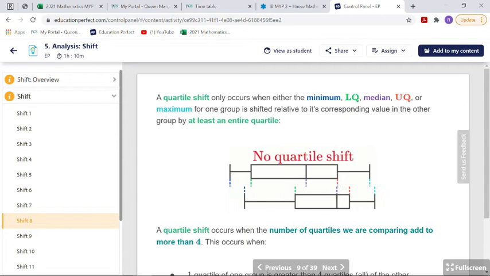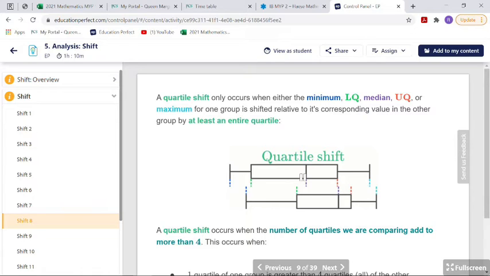Now, quartile shift means that it actually goes beyond the other quartile. So if you look at these, right, I can stop this for you. So right now, if you look at where this green circle is, this line is beyond that line. That is a quartile shift. Okay? But if they're even close, then there's no quartile shift.